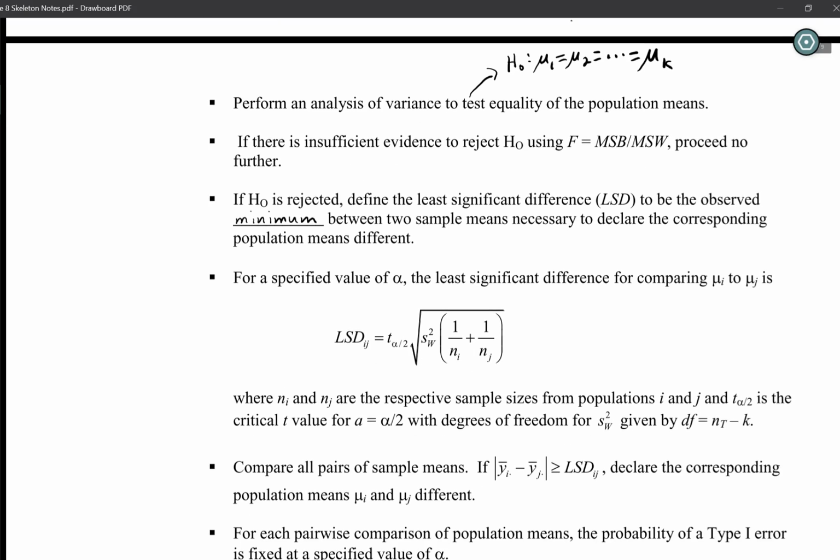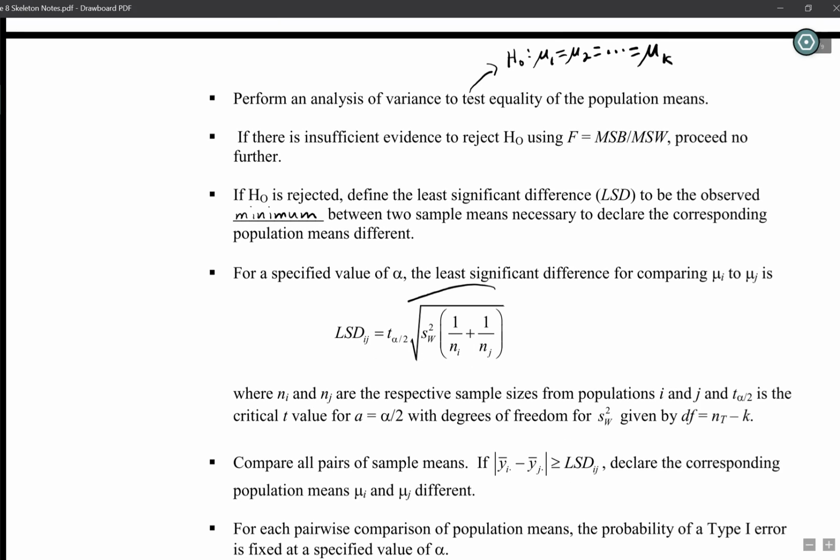Now the LSD quantity is given by this expression here, and it depends on the two means that you're comparing. But if you're comparing mu i and mu j, then you have a particular least significant difference, and it's a function of a t percentile. It's a function of the within sums of squares. That's actually the within mean square, MSW. That's what this S squared W is, and then the two sample sizes there.